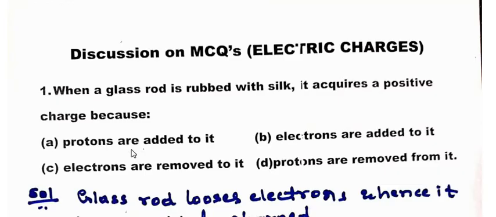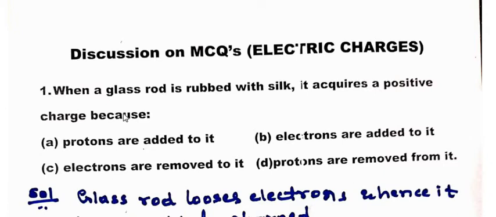First one, when a glass rod is rubbed with silk, it acquires positive charge because, see, when you rub glass rod with silk, some of the electrons from glass rod will be transferred onto the silk. Therefore, now the glass rod becomes positively charged. Initially before rubbing, both glass rod and silk were electrically neutral.